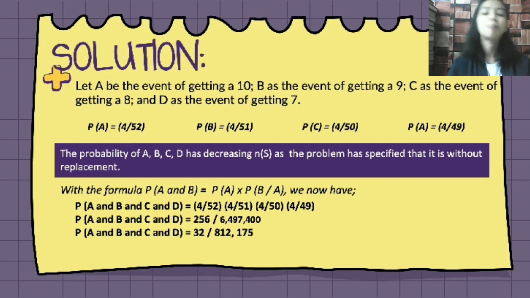Therefore, the probability of drawing a 10, a 9, an 8, and a 7 in order is 32 all over 812,175.